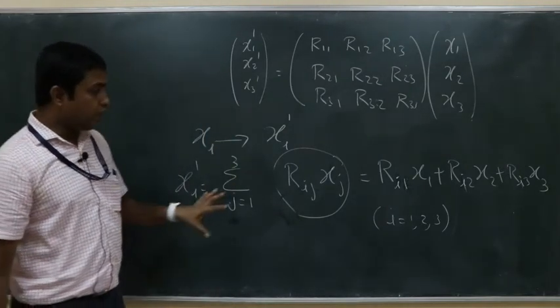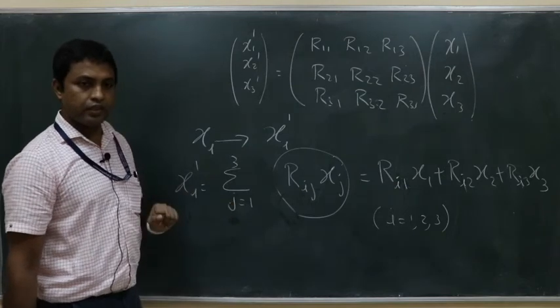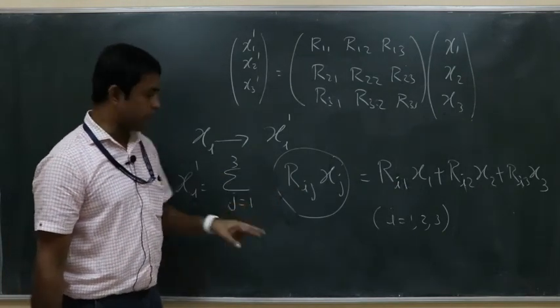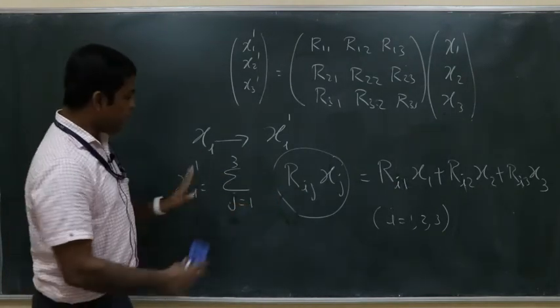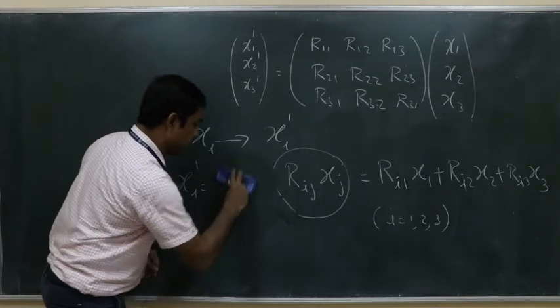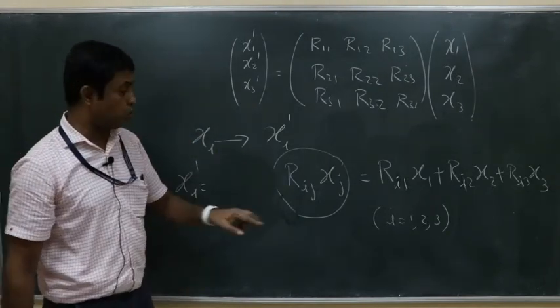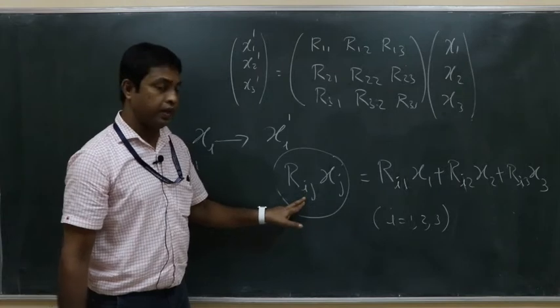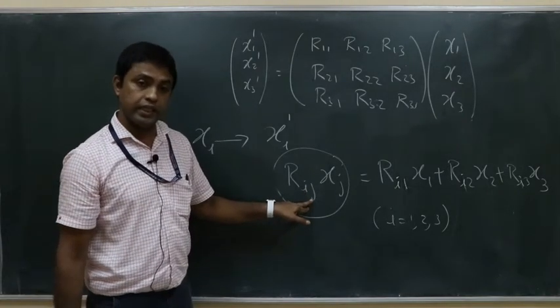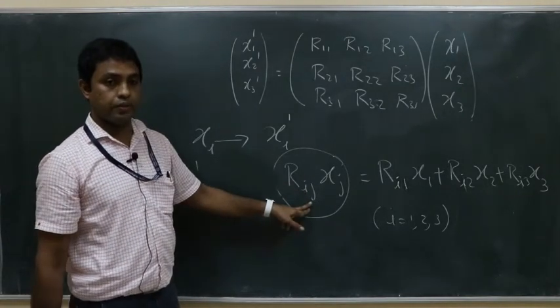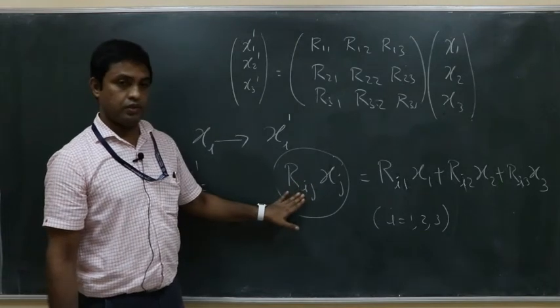So if there is a dummy index, the next important thing is, suppose there is a j dummy index, there is a summation already there. Even if I don't write it down, it is understood that there is a summation over j, whichever dimension you are talking about. So I'll write only this. Okay.